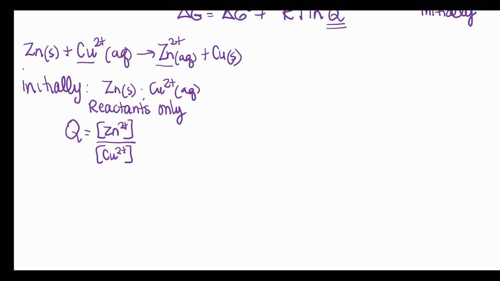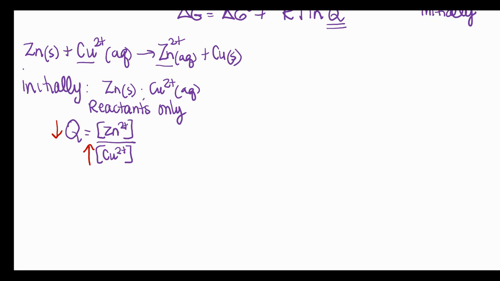If we are initially there, then you would have a whole bunch of copper 2, because that's a reactant. This would make Q very small.